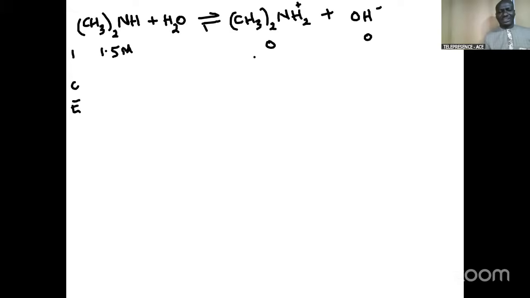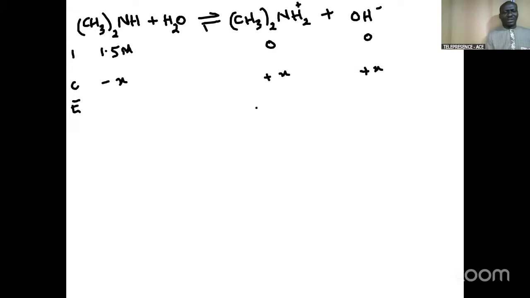Since the ratio is 1 to 1 to 1, if X of this is consumed, then X of this will have been formed, and X of this also.